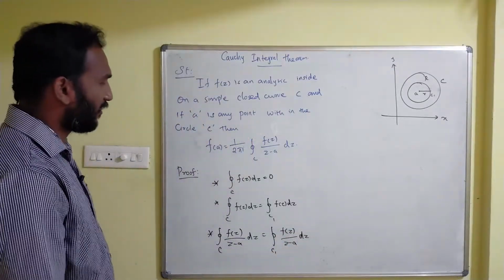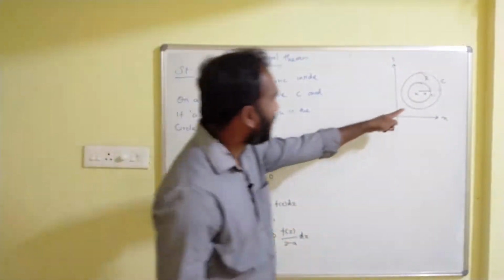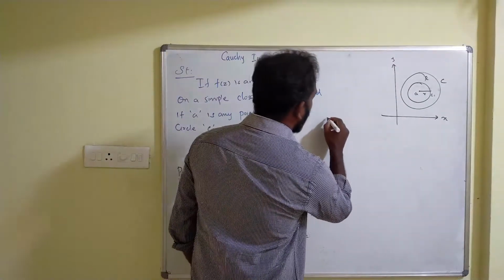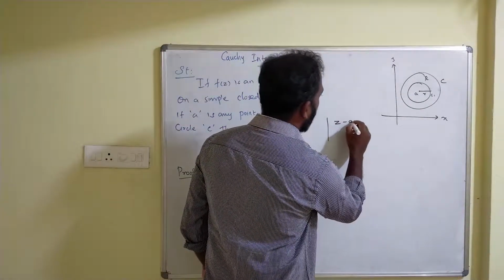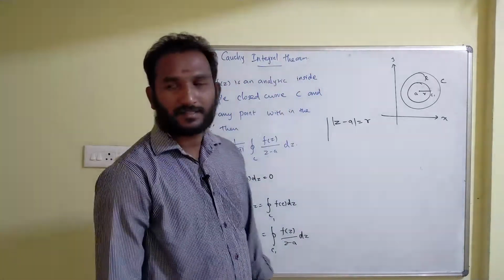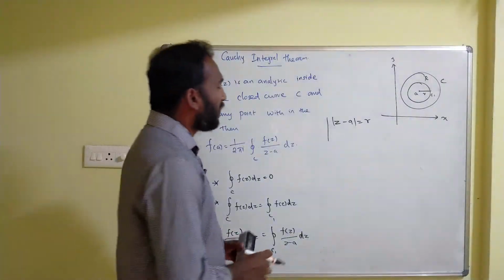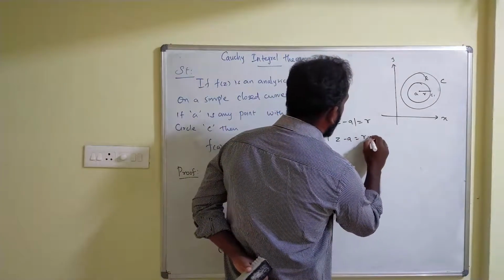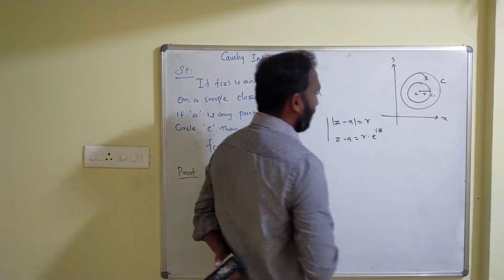Now this is the circle with center A and radius r. We know the circle equation, right? So what is the circle equation? Modulus of z minus a is equal to r. Then recall the parametric equation of this circle: z minus a is equal to r into e power i theta.